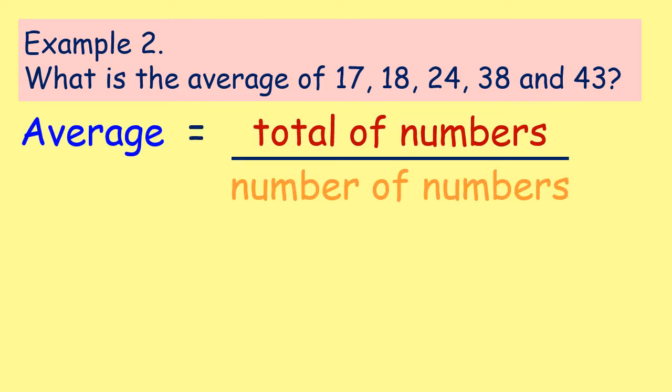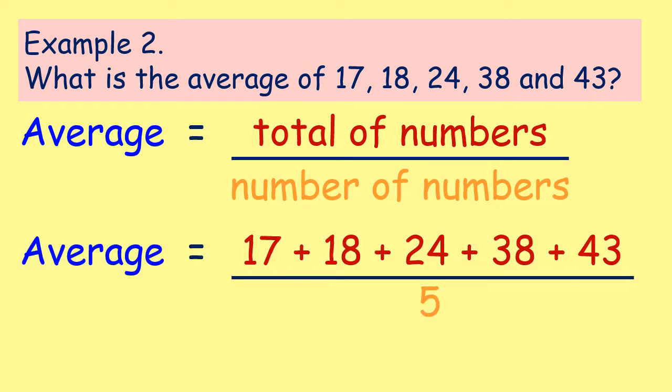So our average is the total of our numbers divided by the number of numbers we have. This time, for the total, we're going to have to add 17 plus 18 plus 24 plus 38 plus 43, and I'm going to use a calculator to do that. And we have 5 different numbers, so our number of numbers is 5.